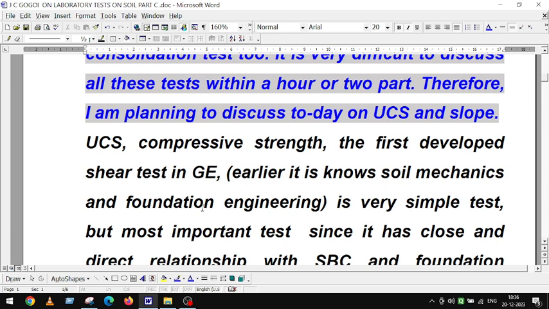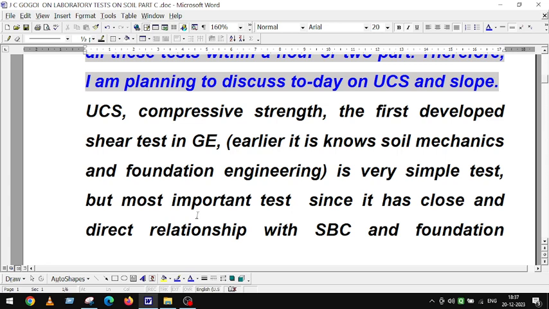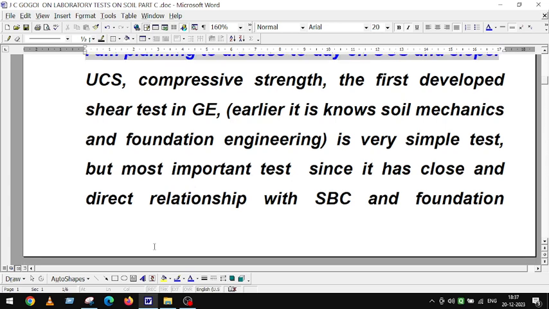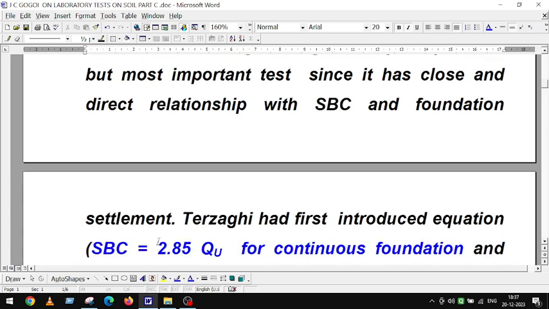This unconfined compressive strength test, UCS, is a very simple test, but a most important test since it has a close and direct relationship with SBC and foundation settlement.